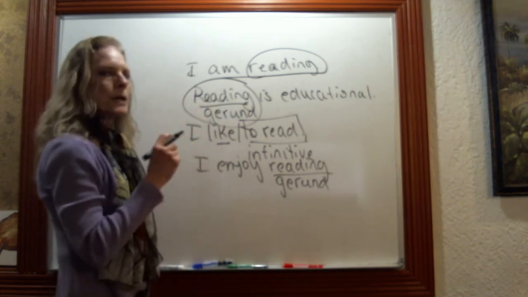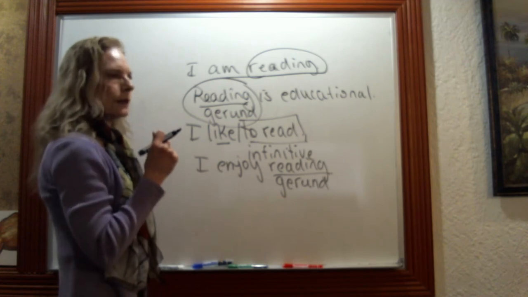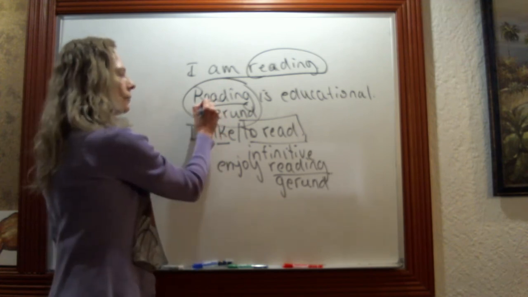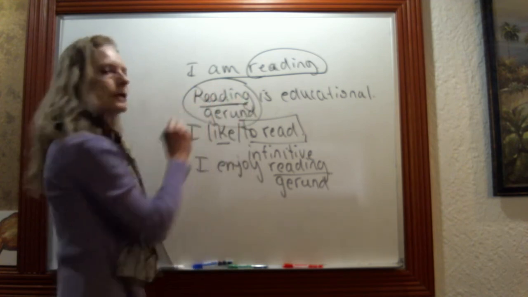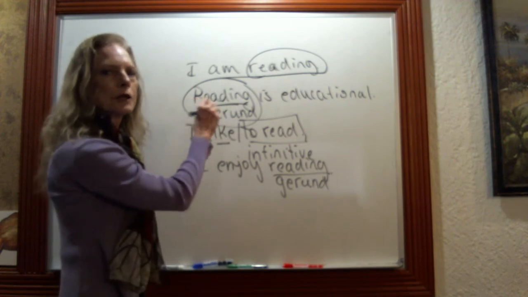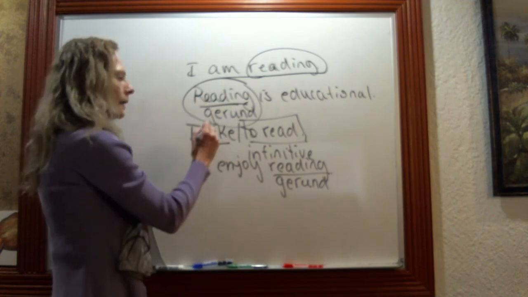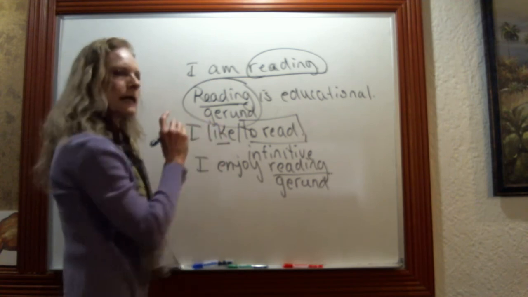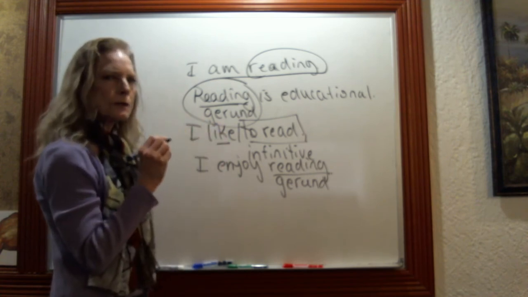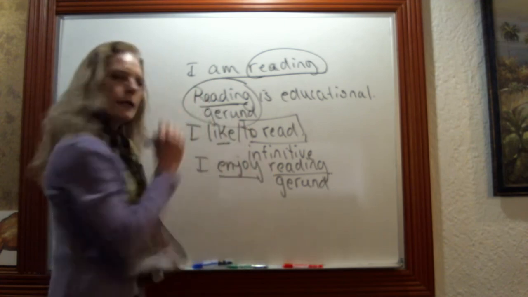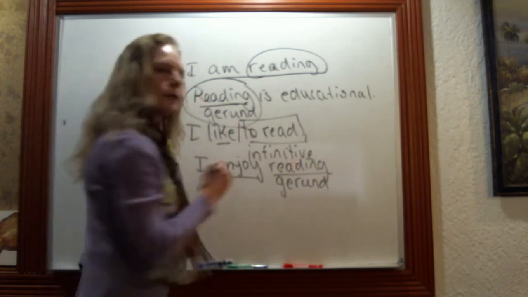Now, sometimes we have some rules to help us. Are we going to use a gerund? Are we going to use an infinitive? When you see the subject position here, it's a gerund. So most of the time you'll find the gerund there, the form. The other rule that's kind of hard to remember is that after certain verbs, you'll be using either a gerund or an infinitive. So after enjoy, okay, we'll be using a gerund.